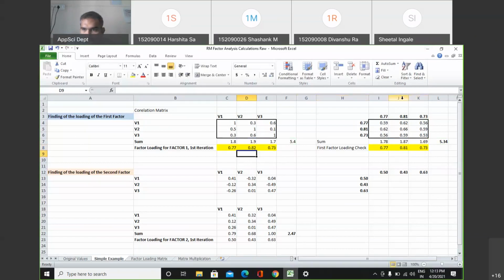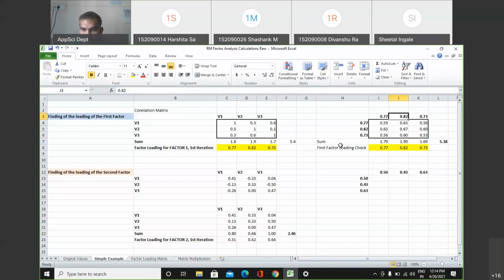Yeah, it is this value only. Due to some rounding off, it has become 0.81. It is 0.82, right? Yes, maybe due to some rounding off. Now it perfectly matches. I think while copying and reducing the decimal places, it became 0.81.